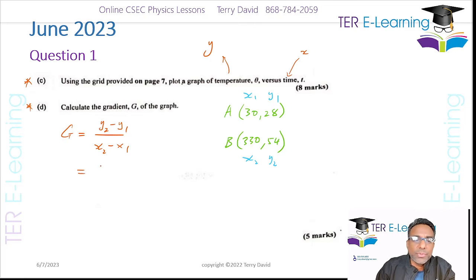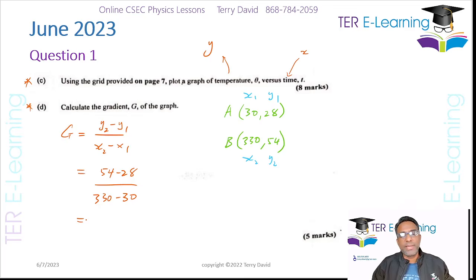So y2 is going to be 54 minus 28 all over 330 minus 30. That's going to give me 54 minus 28 divided by 300, and I'm getting about 0.0867.